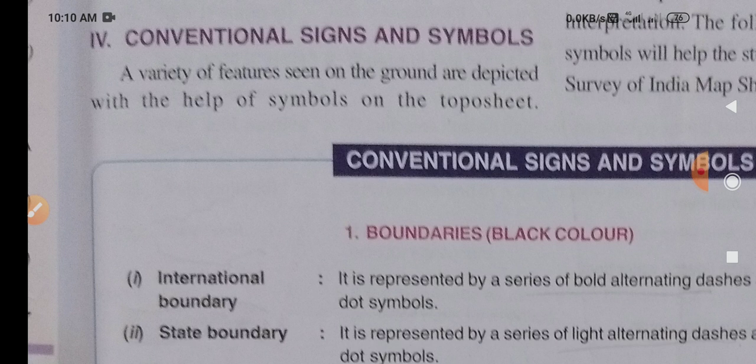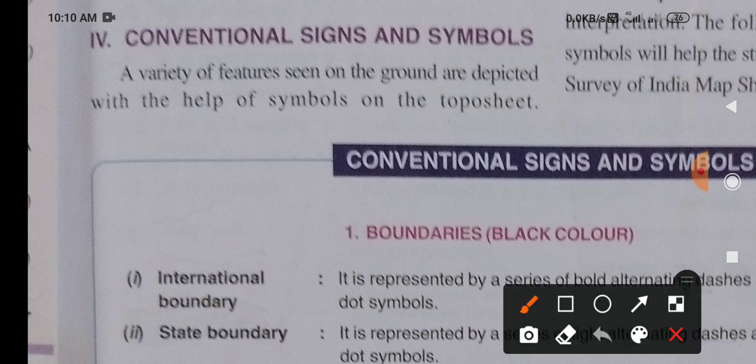So let us try to see what are these conventional signs and symbols. Conventional sign means a commonly used sign and symbol. These signs and symbols are commonly used throughout the world. Anywhere a topographical map is prepared, not only in India but in any country, these signs and symbols are very commonly used almost everywhere.